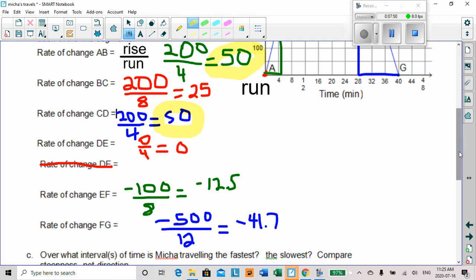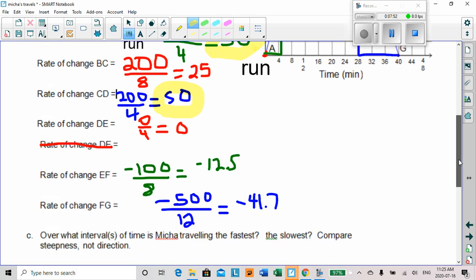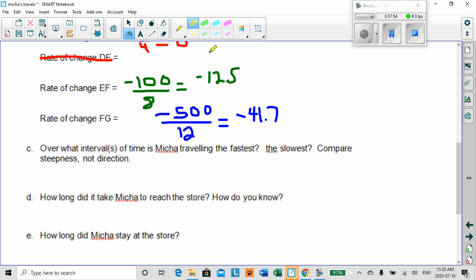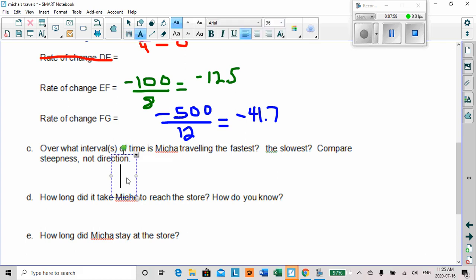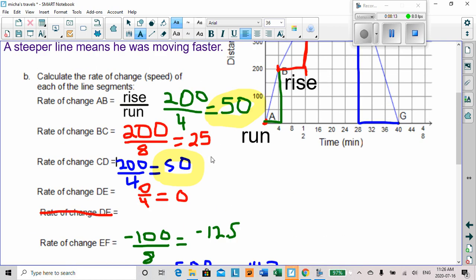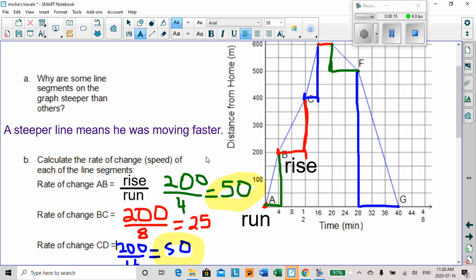So in sections A to B and sections C to D, that's when he's traveling the fastest.